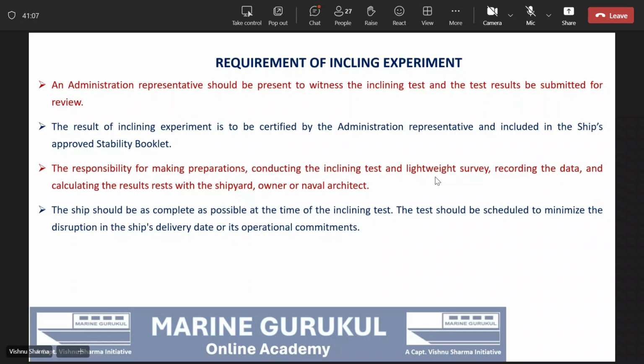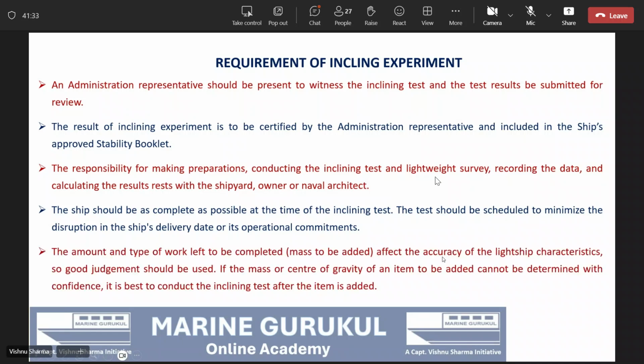However, if somebody says, I don't know what will be the weight of the generator, or I don't know what the KG of the generator is when it is mounted, then guys, you have no choice but to wait for it to come and be fitted on the ship. So the ship should be as complete as possible at the time of the inclining test. The test should be scheduled to minimize the disruption in the delivery and its operational commitment.